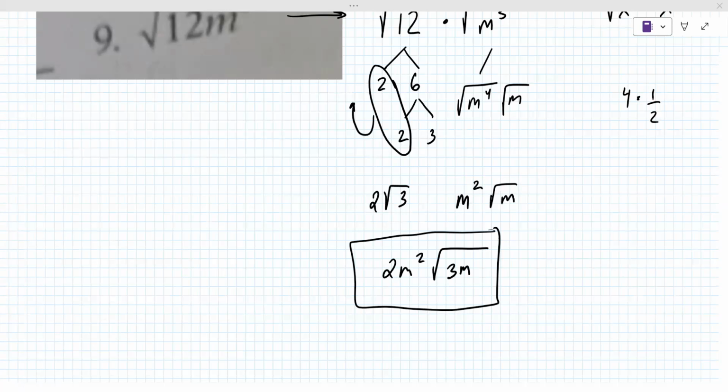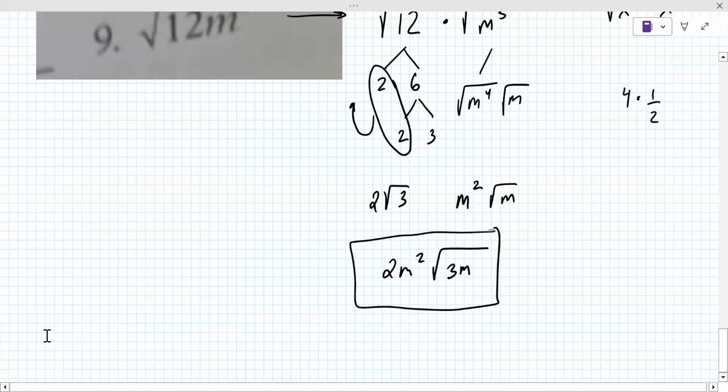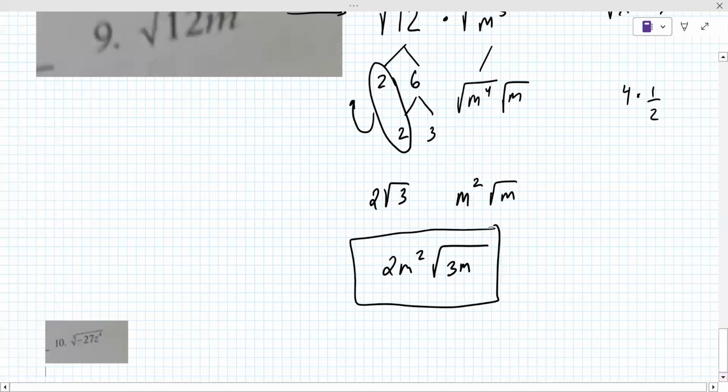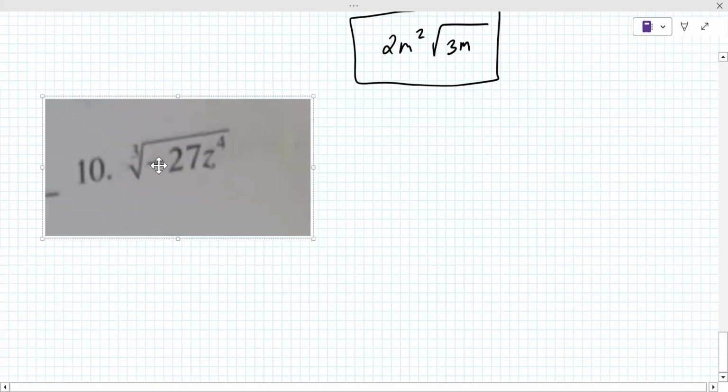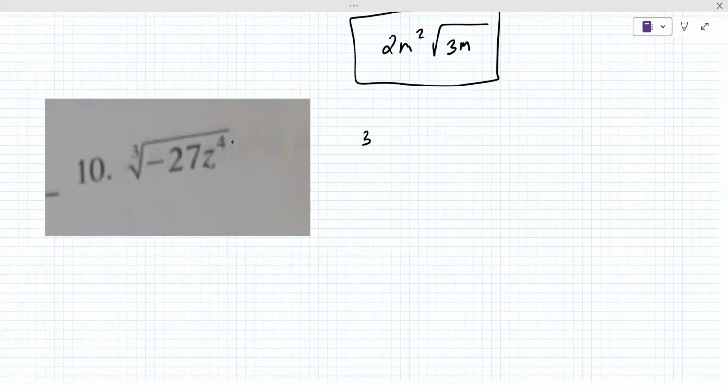All right, so let's grab the next one here. All right, so this is the cube root of minus 27z to the 4th. So we're going to break this into 2 problems here. The cube root of minus 27 and the cube root of z to the power of 4.